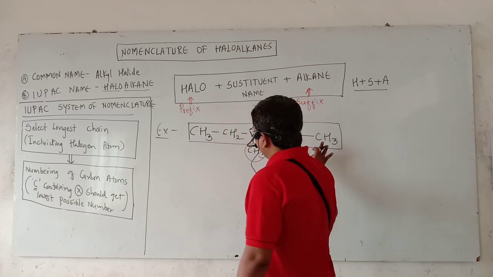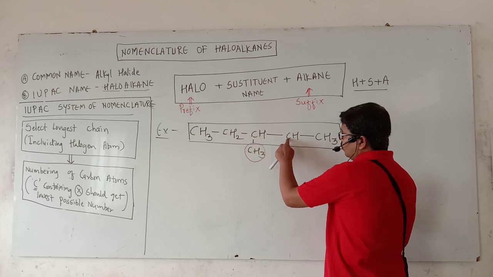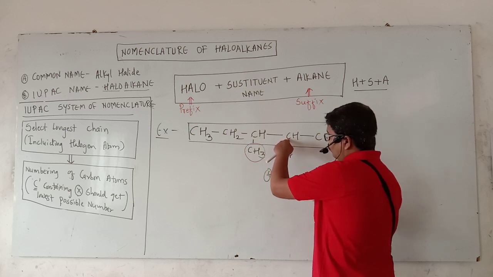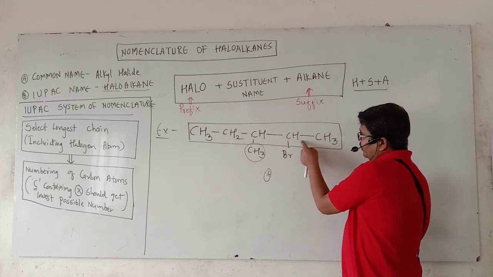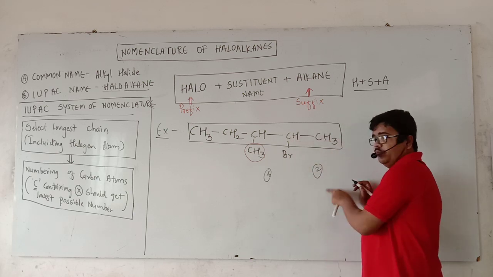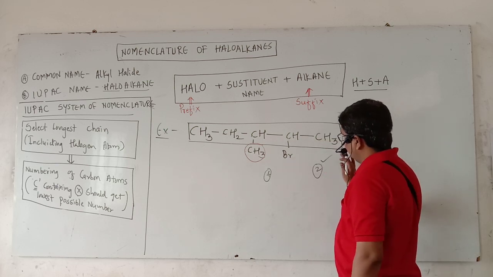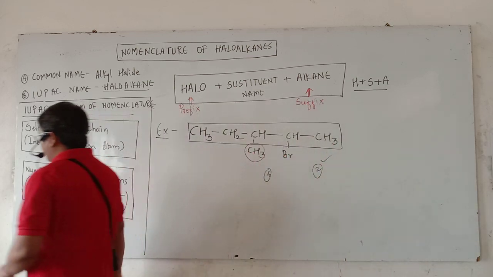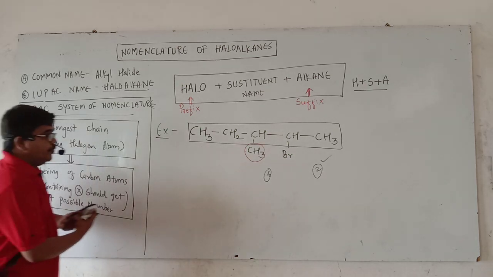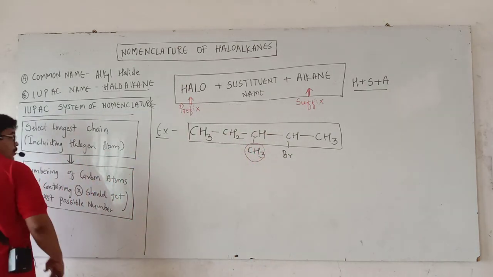If from this side I do numbering 1, 2, 3, 4, it gets 4. And if I do it from this side, 1, 2, now between 4 and 2, which is the lowest number? 2 is the lowest number. So this numbering will be correct, so we will do numbering from this side.